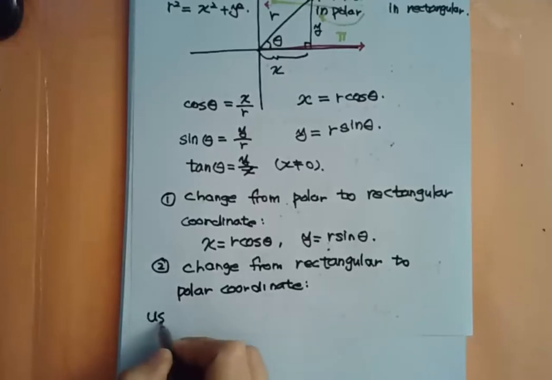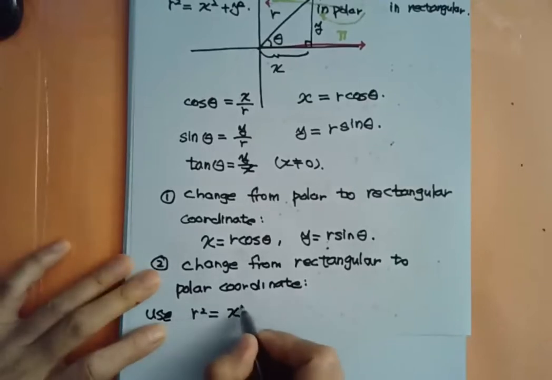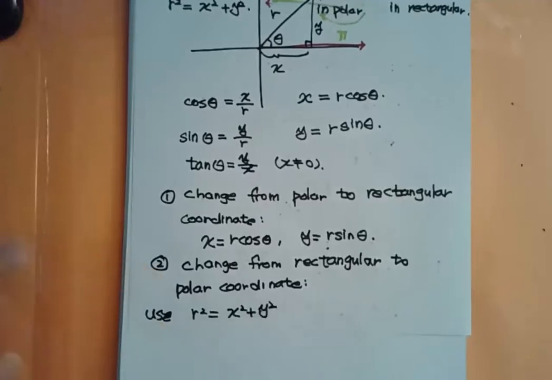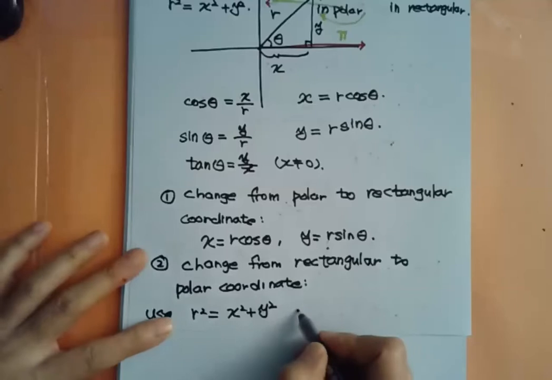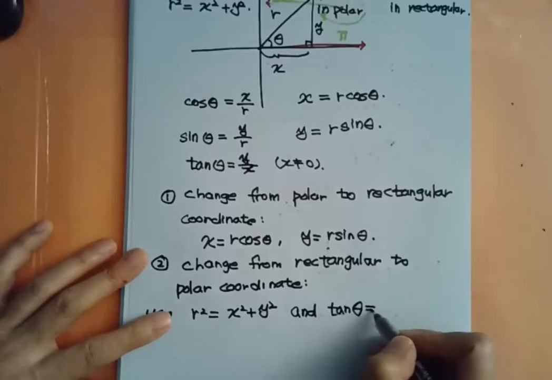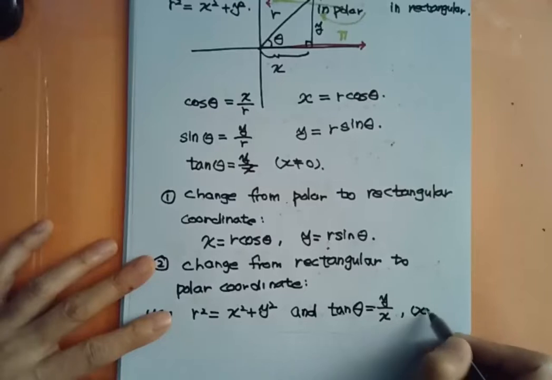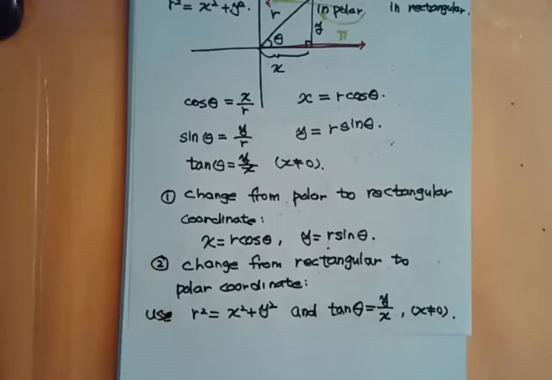In that case, we will use the formula r squared equals x squared plus y squared. When x and y coordinates are given, we can think about the square root of x squared plus y squared. And when we figure out theta, we will use the tangent formula y over x, when x is not equal to 0. Of course, we have to think about the inverse tangent and the location of the angle.